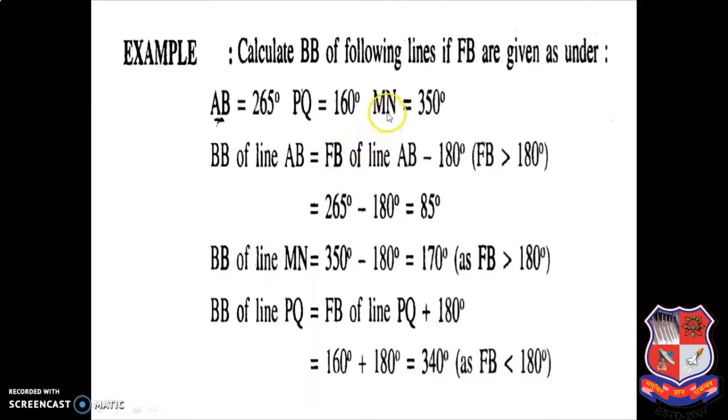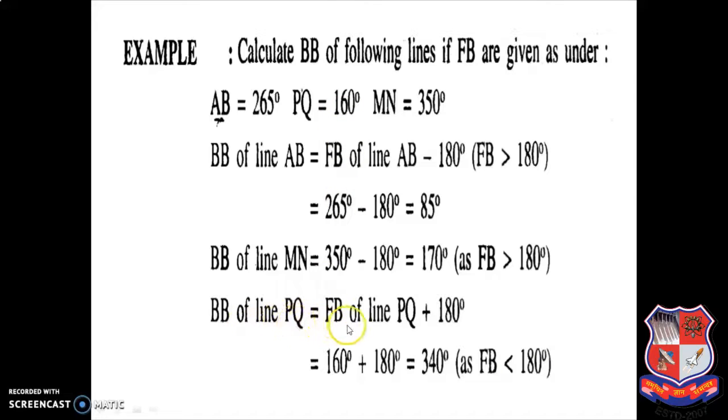Same way, to calculate the back bearing of line MN, the back bearing of line MN is equal to 350 degrees minus 180 degrees, because the fore bearing value 350 is greater than 180 degrees. So 350 minus 180 gives 170 degrees. For line PQ, the fore bearing is 160 degrees, which is less than 180 degrees, so you have to add 180.